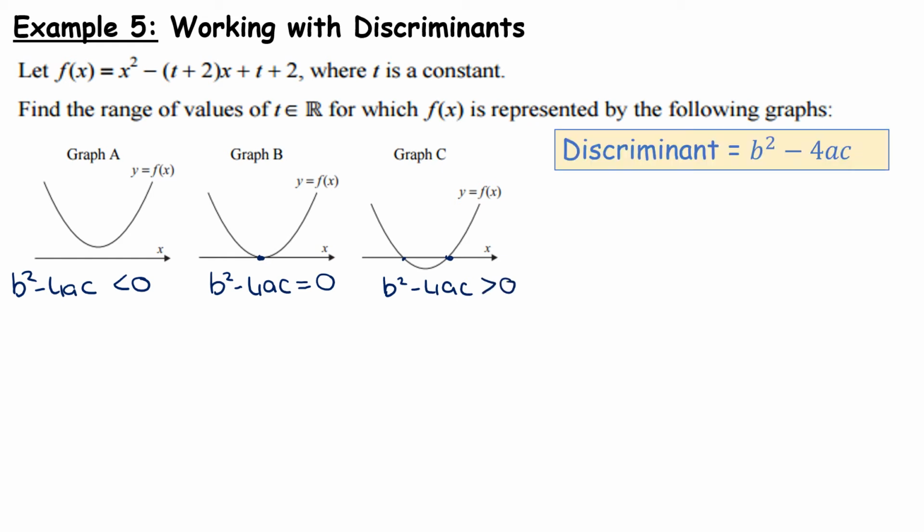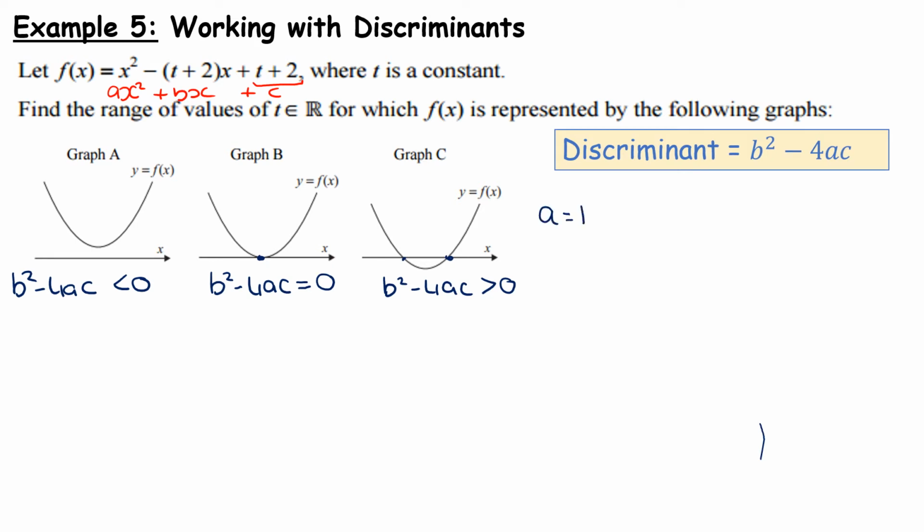Now, since we're working with the discriminant in each, let's work with the discriminant first, simplify it as much as we can, and then see how we can proceed with the three graphs that we've been given. So I am going to, underneath the quadratic ax squared plus bx plus c. It's quite a complicated little equation or function.